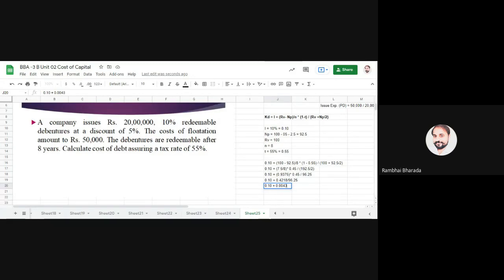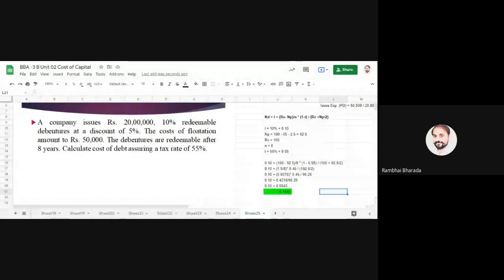Like this. And the final answer is 0.1043. See here, the concepts and values are important. Calculation is too easy to do.